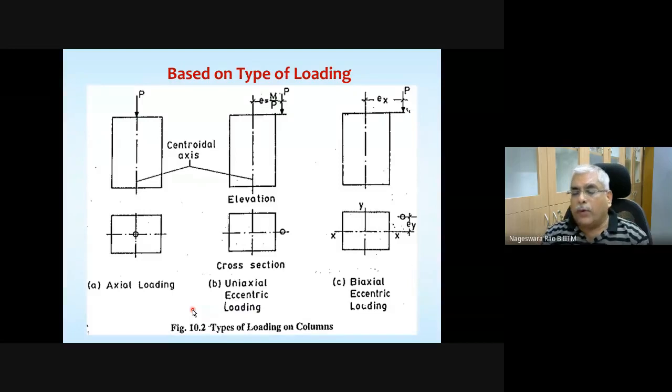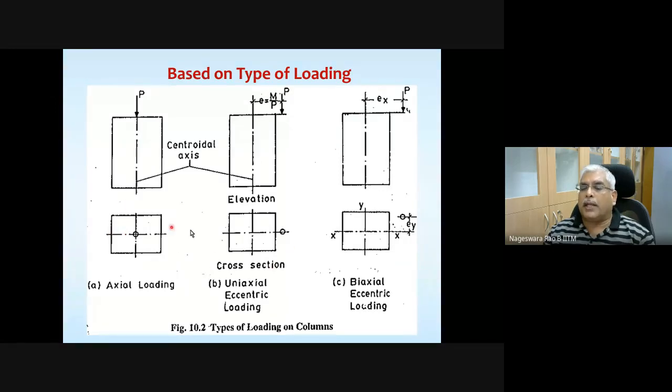And based on the type of loading, the loads that are coming on the columns can be classified in this manner. Axial loading alone, or load eccentric with respect to one of the axes. Uniaxial eccentric loading: load is eccentric with respect to only one axis, or load can be eccentric with respect to both axes, major axis and minor axis.